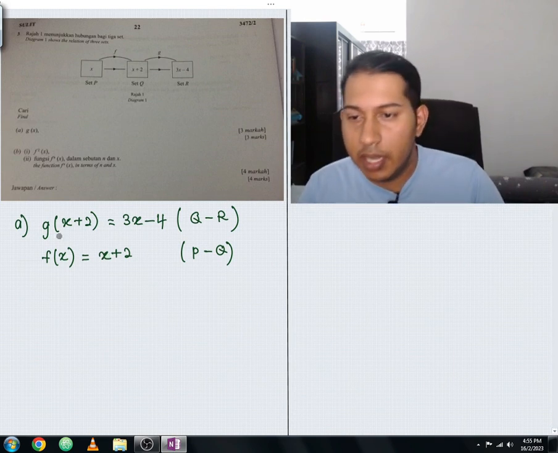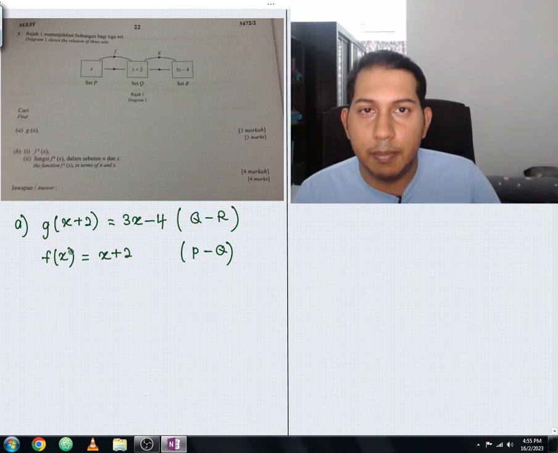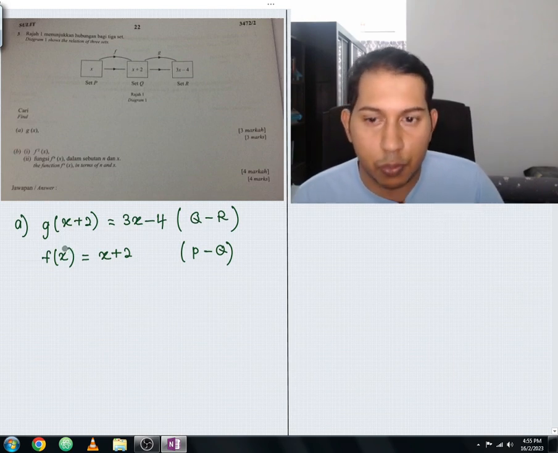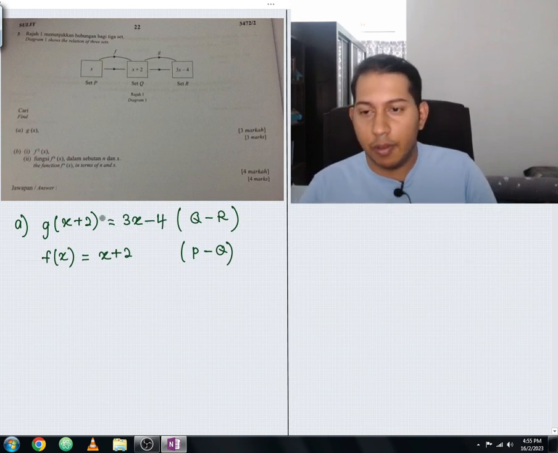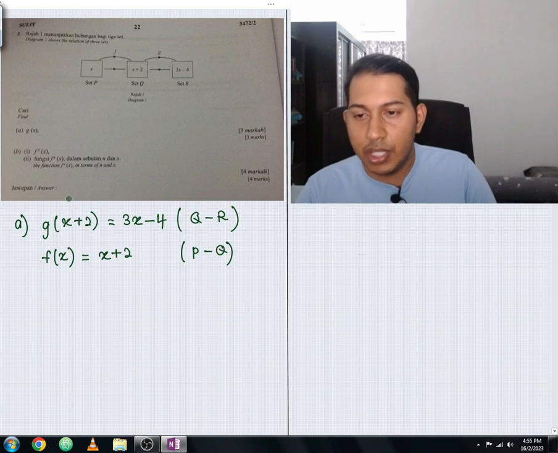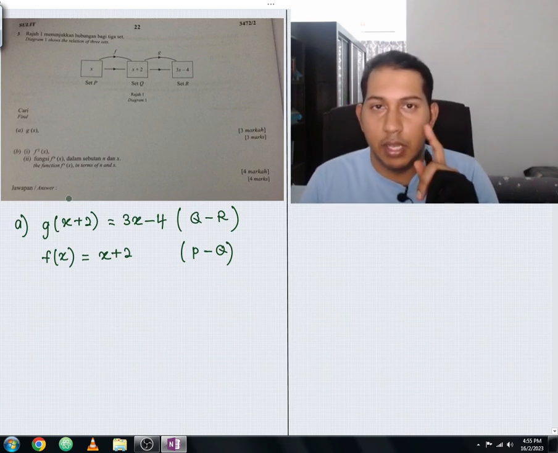In this equation we don't have g(x), but g(x + 2) equals 3x - 4. So how are we going to find g(x) in the first place? That will be our first problem.